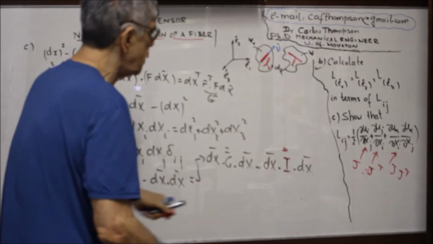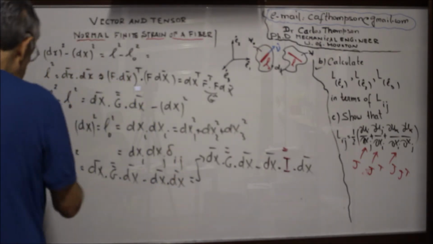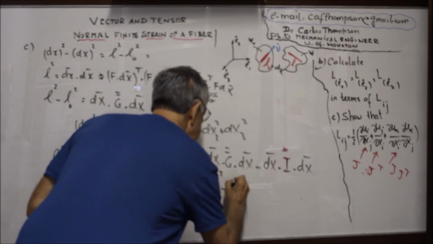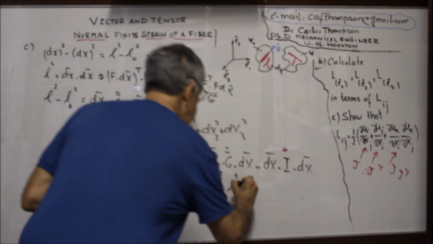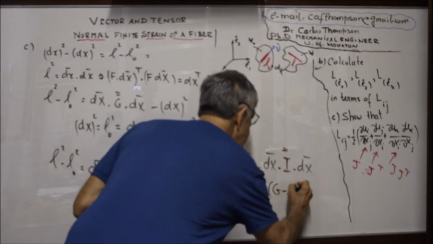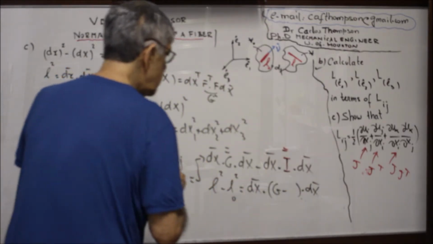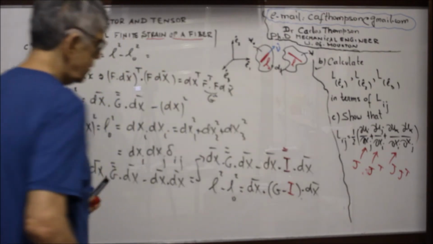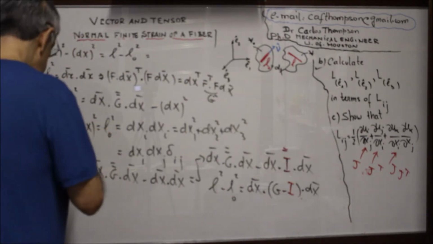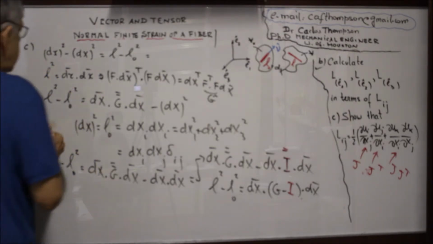See, that's the same. That's an identity tensor. Now L square minus L0 square is equal to dX dot G minus I dot dX. See how easy it is?